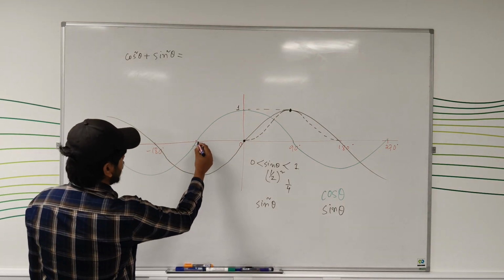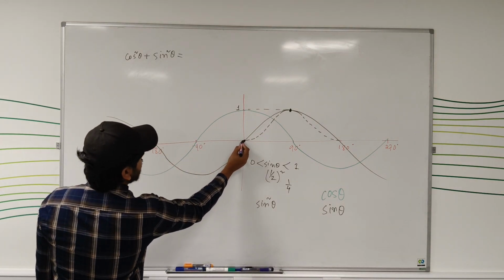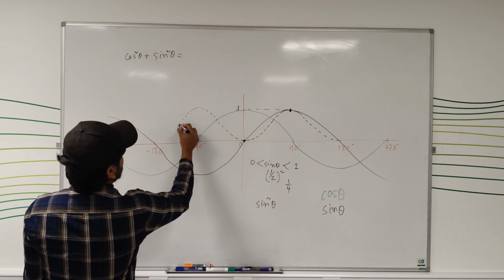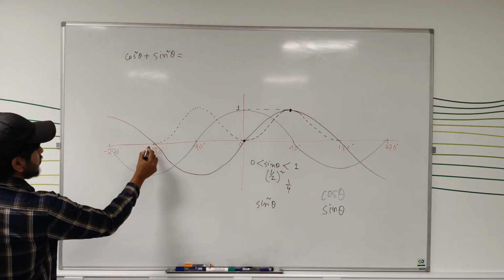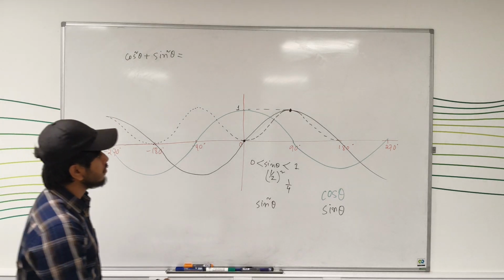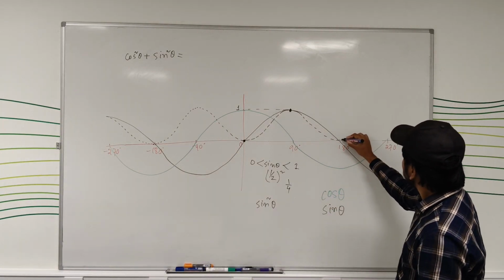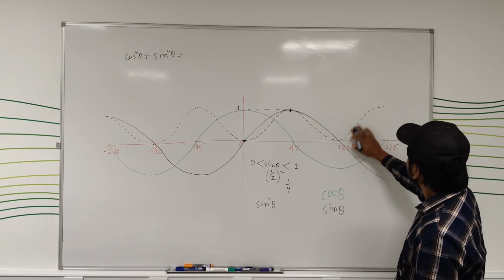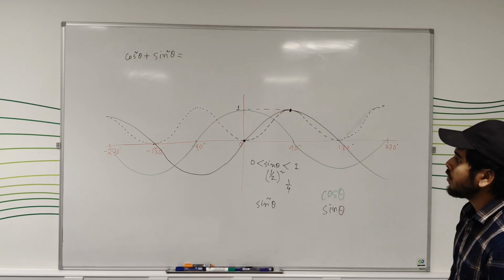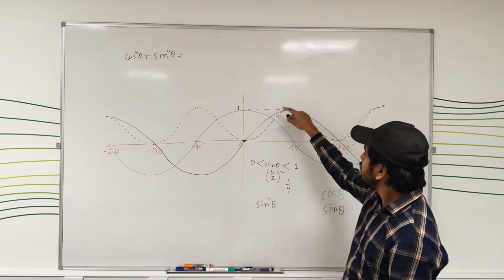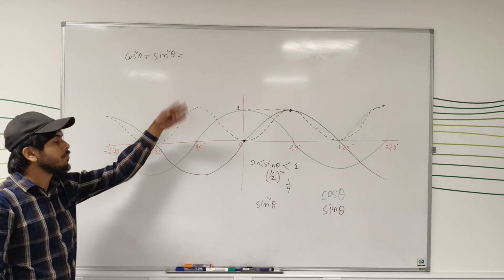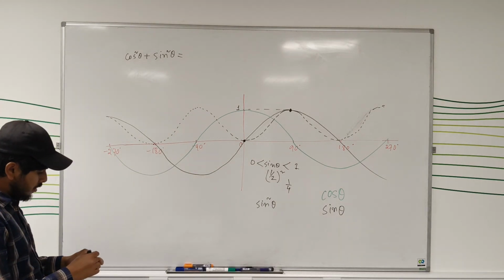So we should have something like this. This is my sine square theta. Does it make sense? Like that. So apart from 0 and 1, it will be less than the curve of sine theta. And here it cannot be negative, so it will be flipped to the other side. Okay, that is my sine square theta.